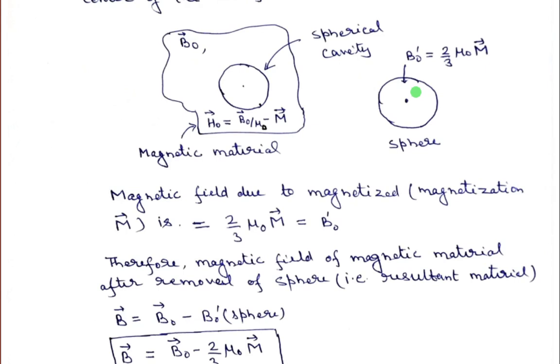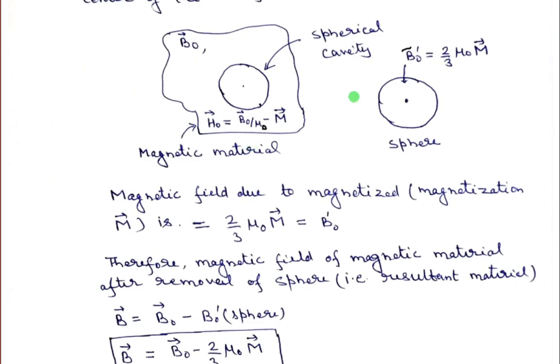There I have calculated the magnetic field at the center of the magnetized sphere. That vector I have given the name B0 prime.